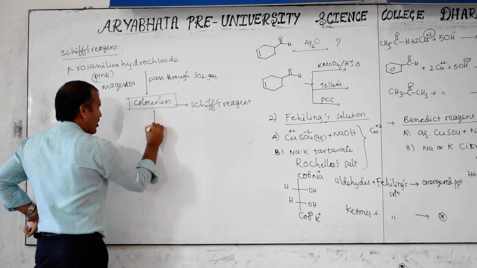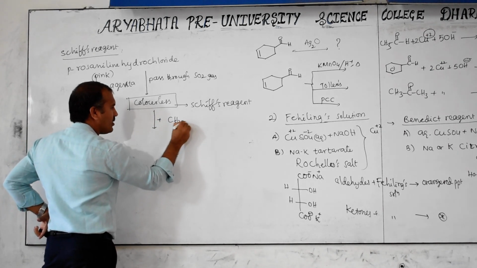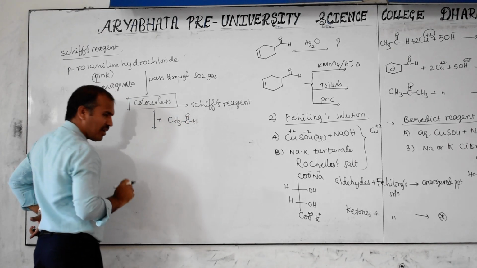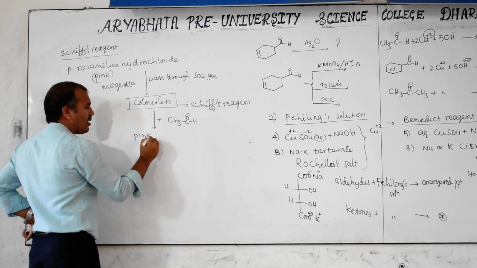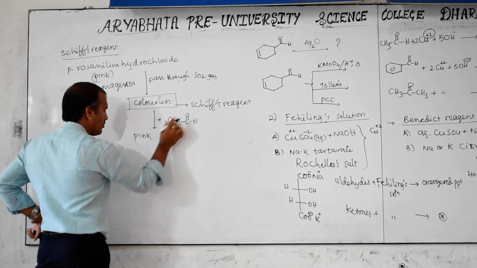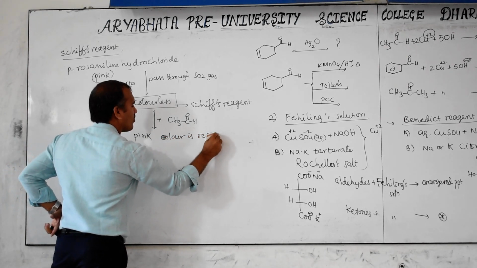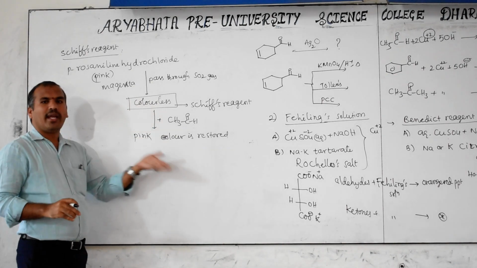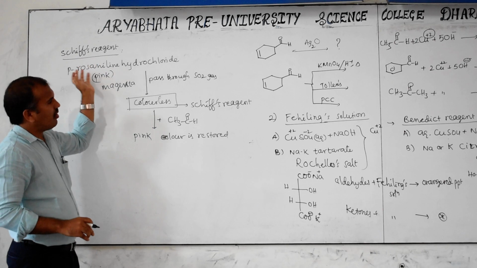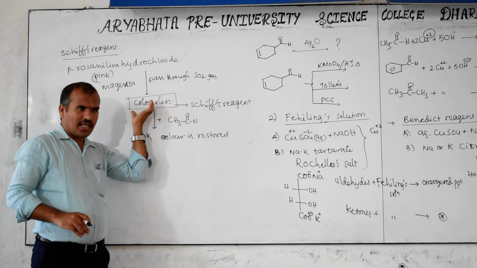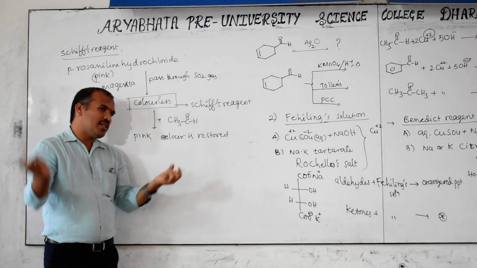To this Schiff's reagent, if you add an aldehyde, for example acetaldehyde with CH3 and the C double bond group, the pink or magenta color is restored. It will again gain the pink color.